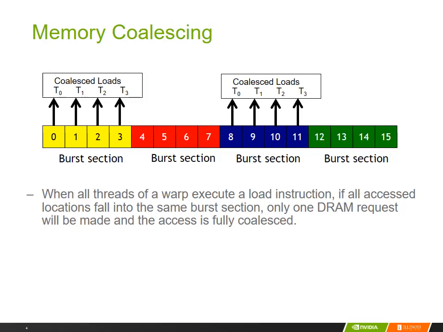So here we show that if there are 4 threads and each thread accesses a byte in the toy example, and all in that yellow burst section, then we have a coalesced access. And later on, if these threads all access the bytes in the blue section, we also have a coalesced access.